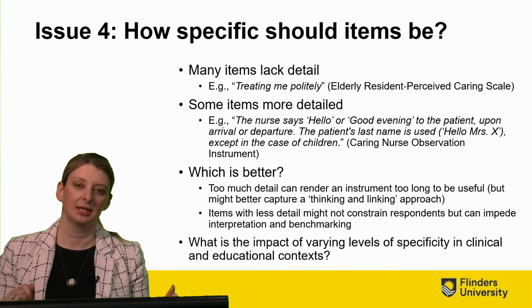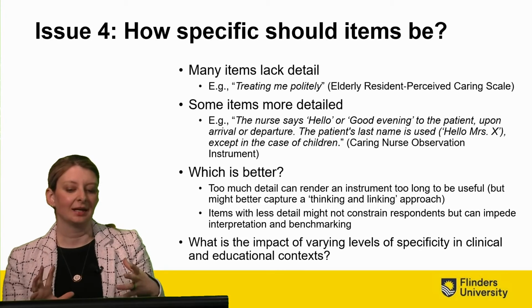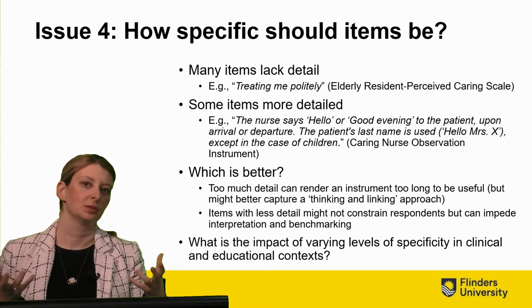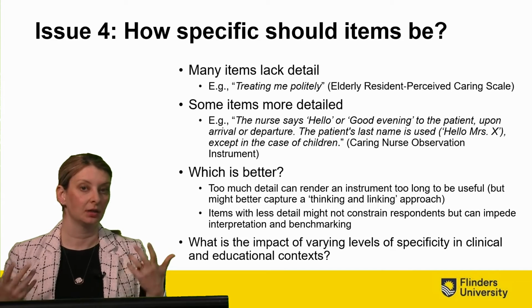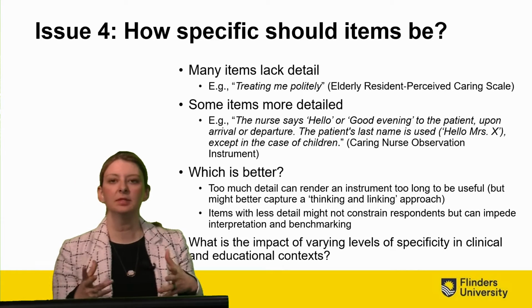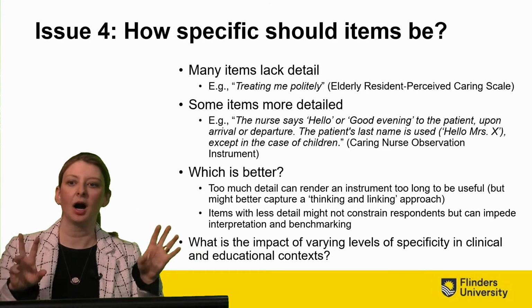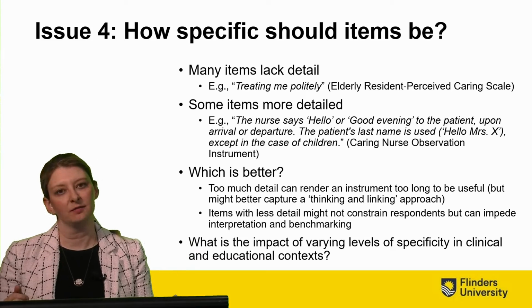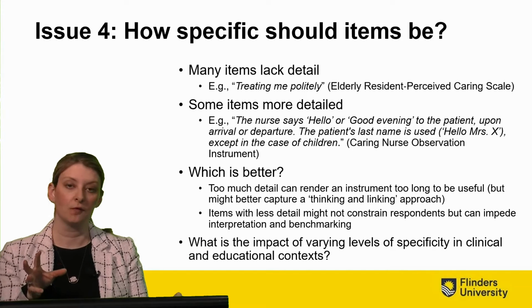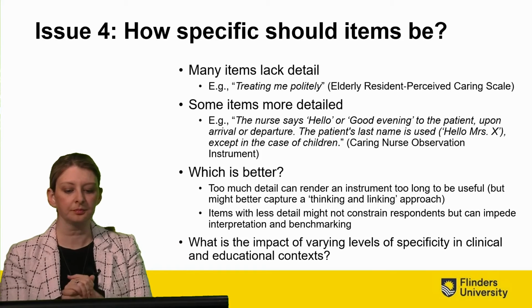The fourth key issue that I wanted to tackle concerns the level of detail or specificity that instruments should capture when they are measuring the nurse-patient relationship. So, the items of most of the instruments that we reviewed could be considered higher order in that they provided very little detail and often were vague or ambiguous or open to interpretation.